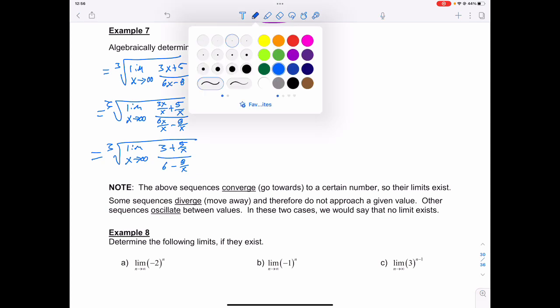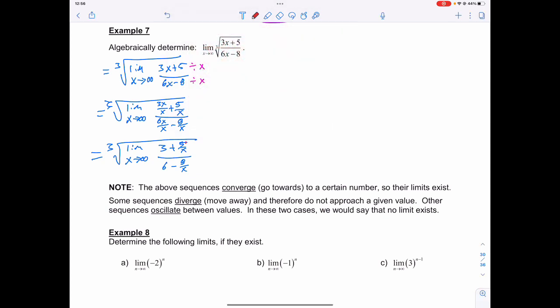And we know that 5 over x and 8 over x are going to tend towards 0 as x is approaching infinity.